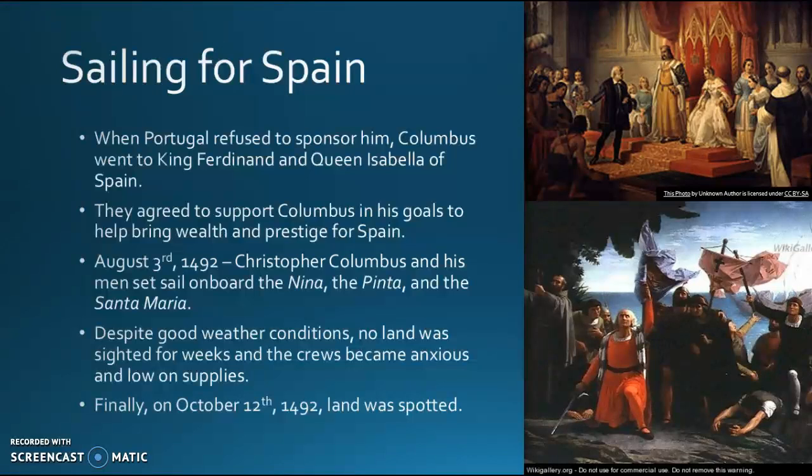Despite pretty good weather conditions, no land was sighted for weeks, and the crews became anxious, and they also became low on supplies. But finally, on October 12th, 1492, land was spotted, and Columbus reached this new world, as you can see here.